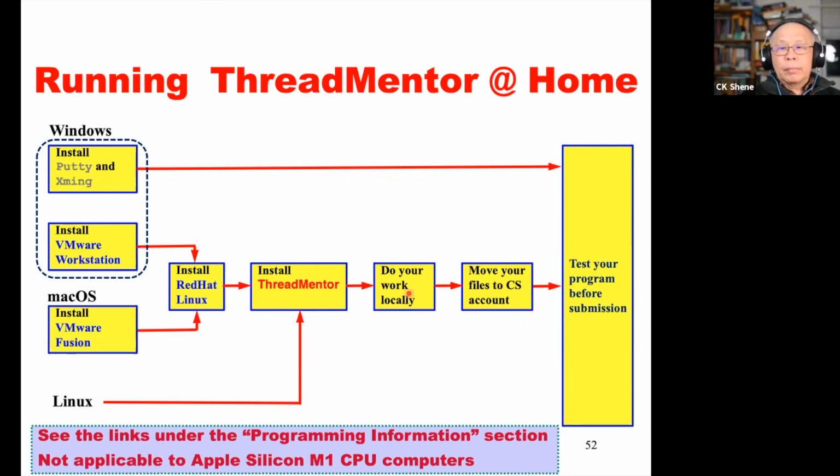But when the grader is going to grade your program, he or she may use a CS machine, say Colossus, Whopper, and several available machines. So there will be so many processes running. So the CPU scheduling has to be different when you run ThreadMentor on your lightly loaded machine.